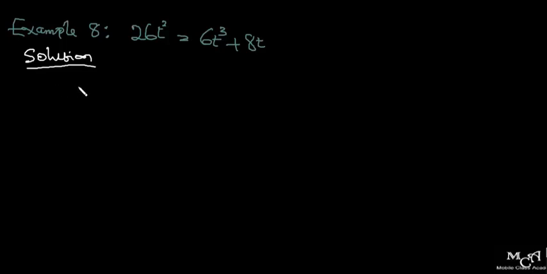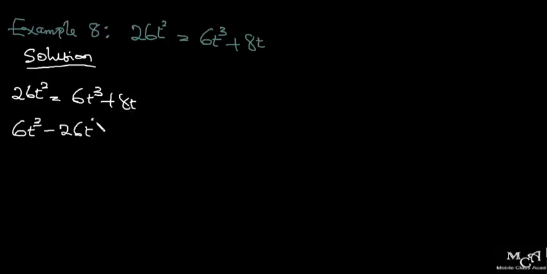Let's bring this 26t raised to the power of 2 to this side. If we do that, we are going to have 6t raised to the power of 3 minus 26t raised to the power of 2 plus 8t equals 0. This is not a quadratic equation, but at least we've rearranged it to look like a quadratic equation. So from here now, we need to do something.